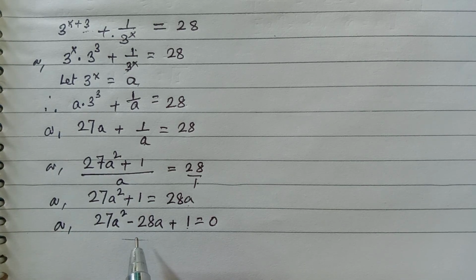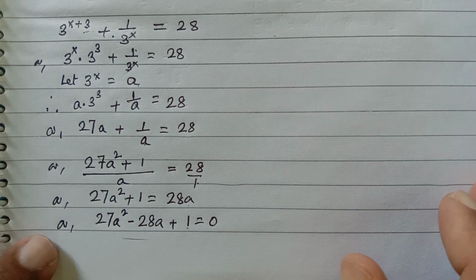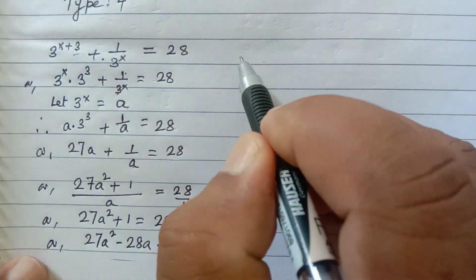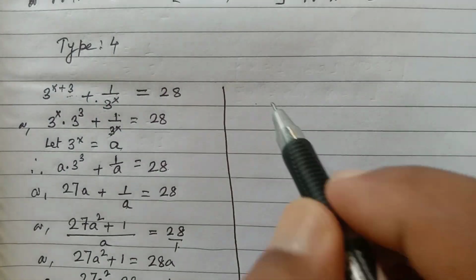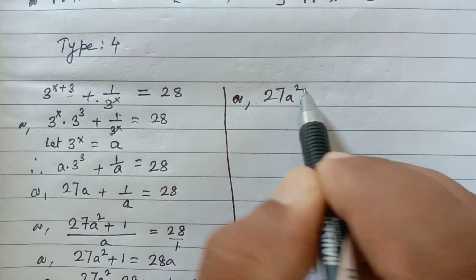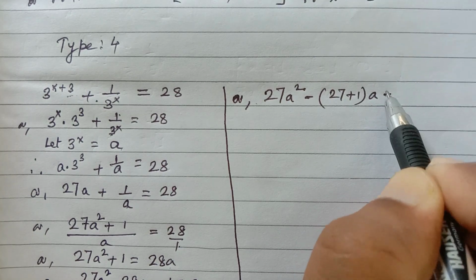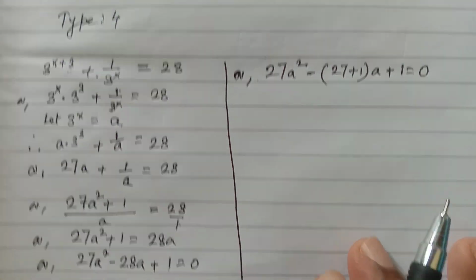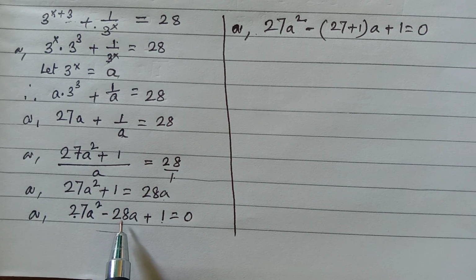The factors of 27 are 27 and 1, adding which gives 28. So 27a squared minus (27 plus 1)a plus 1 equal to 0. You can check that: 27 plus 1 is 28a.